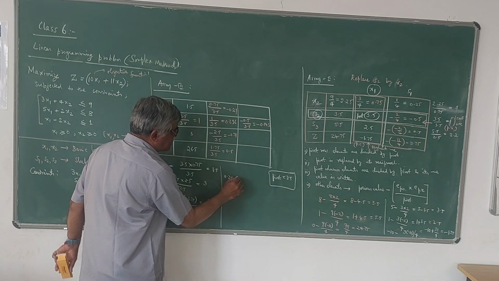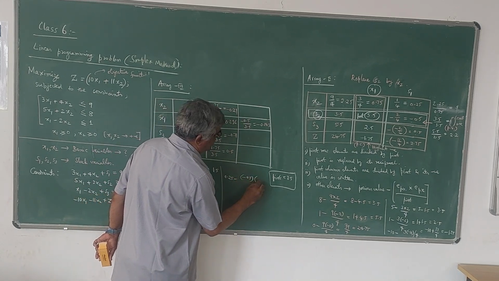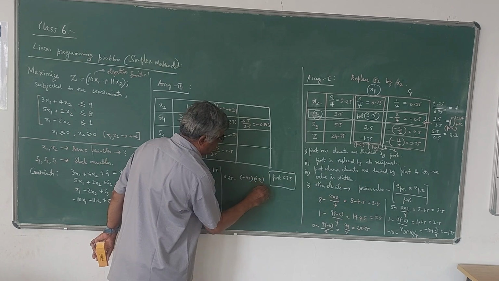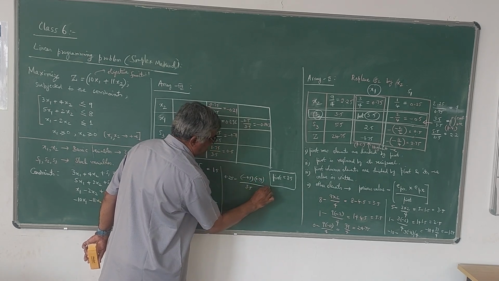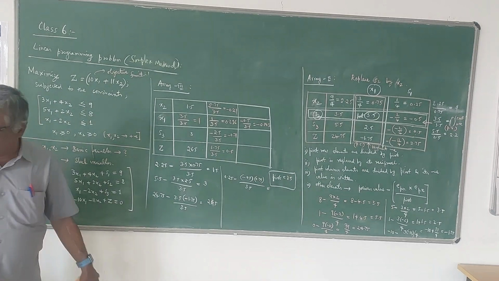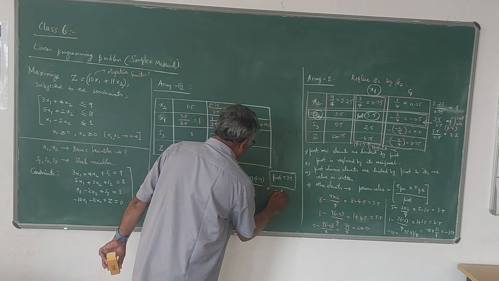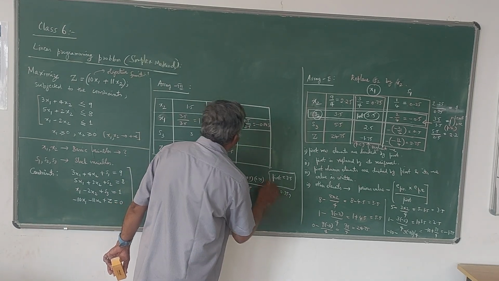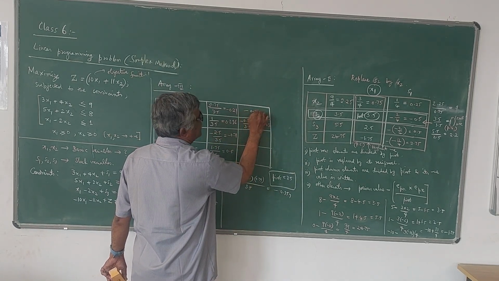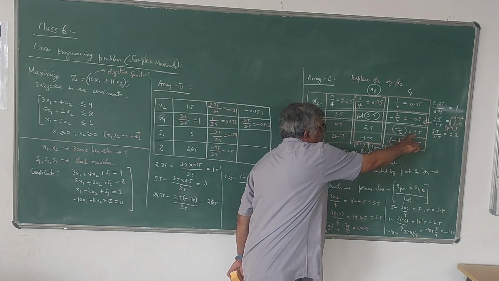So minus 0.5 into 0.75 divided by 3.5. What is that? 0.357. So 0.25 minus 0.357 is minus 0.357. Next, for this 0.5.